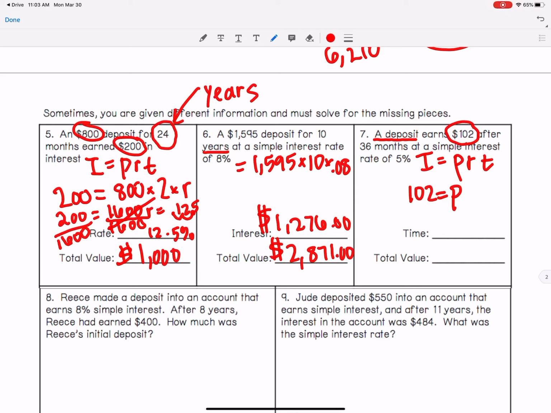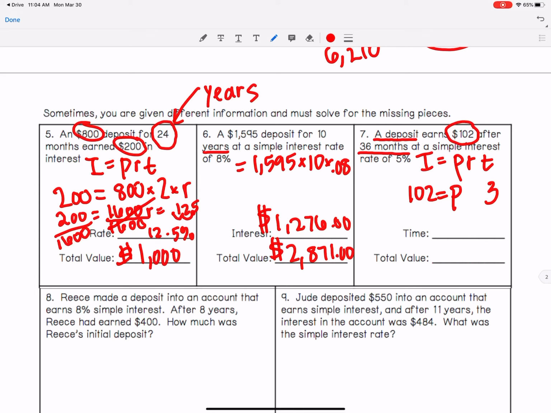After 36 months, wait a second, we talked about how time is in terms of years in this equation. So we know that there's 12 months in a year. What's 36 divided by 12? That gives us 3. So our time is 3 years. I'm going to put that right here underneath T. And then it says at a simple interest rate of 5%.